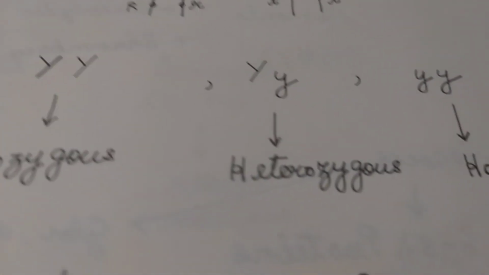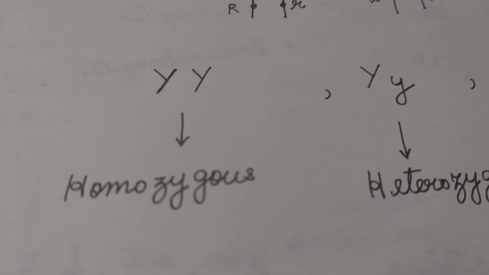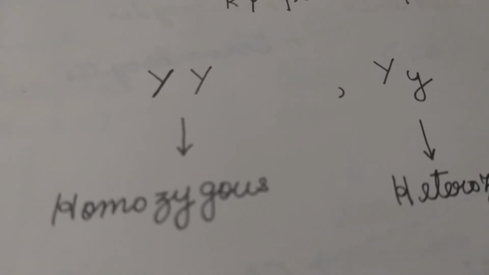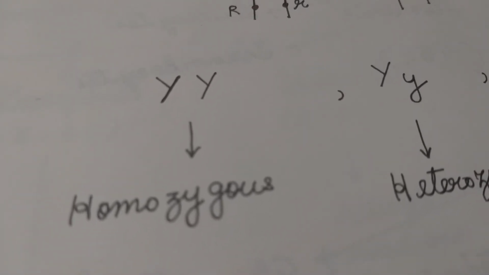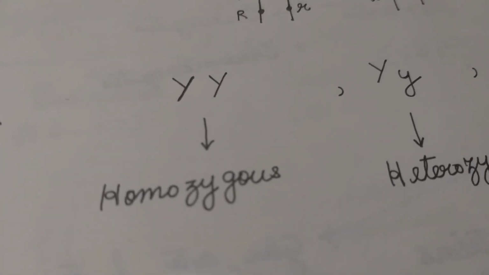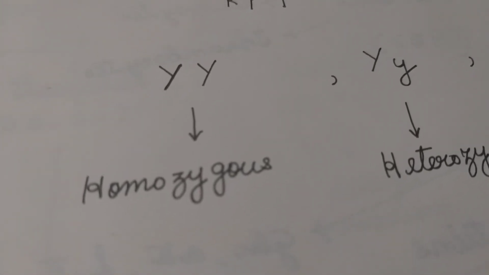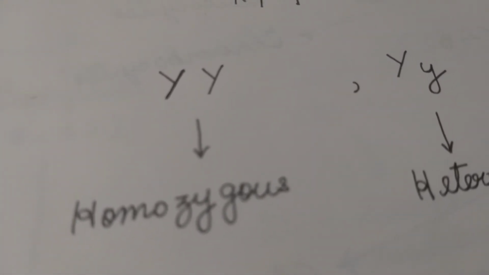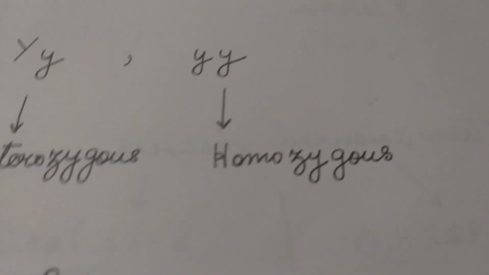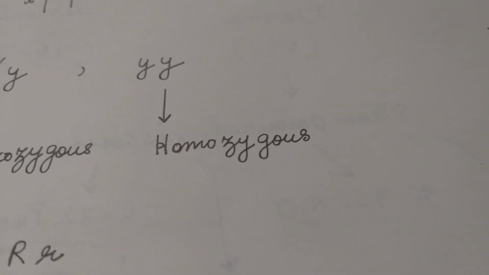Now what character will be expressed? If an individual is homozygous, both the alleles are similar, then the trait is expressed. Capital Y, capital Y. Capital letter stands for dominant trait. So dominant trait is expressed. Yellow color. Capital Y is expressed as yellow color of the seed. Small y, both the alleles are recessive.